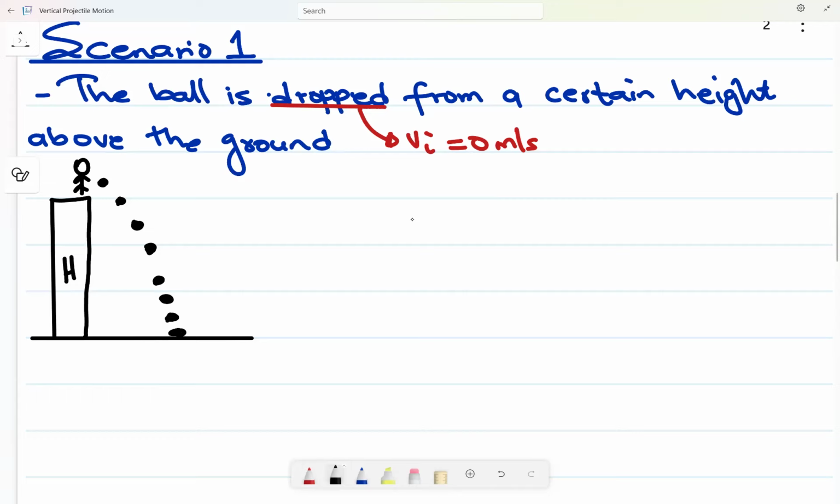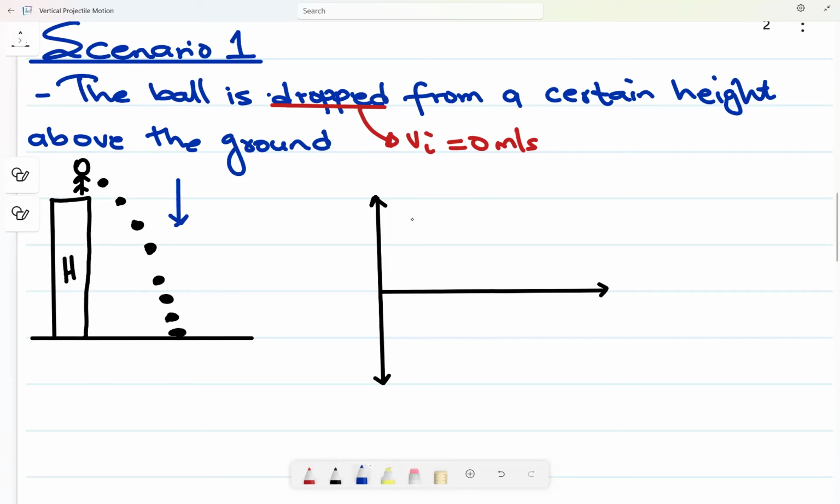Okay, let's start with the acceleration time graph. The scenario says the ball is dropped, so it is dropped downwards, right? So we're going to take downwards as positive.